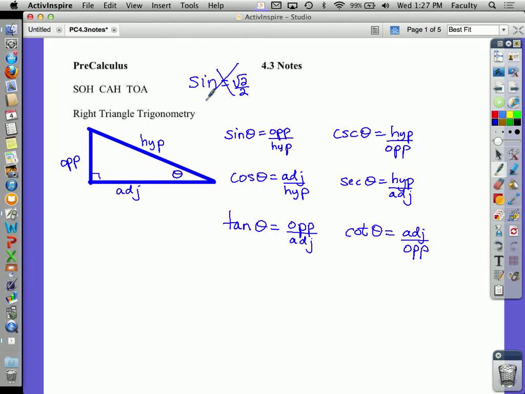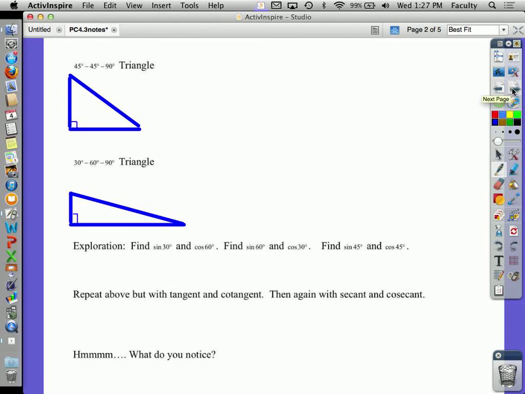All right, so these are your 6 trig functions. That's not new, right? We knew those. Then, in a 45-45 right triangle, go ahead and draw this triangle. If it's on the unit circle, the 2 sides are 1, and the hypotenuse is radical 2. So the sine of 45 degrees is 1 over radical 2, which is radical 2 over 2.